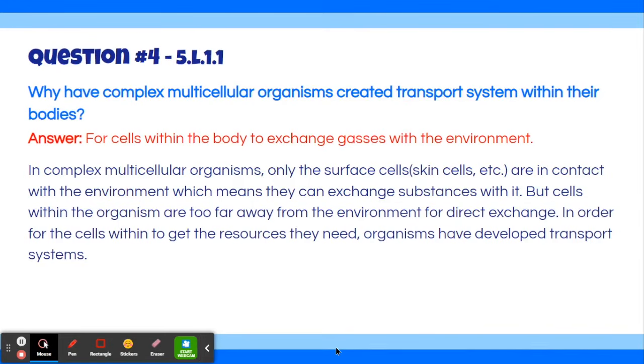In multicellular organisms, only the surface cells, like skin cells, are in contact with the environment, which means only they can exchange substances with it. But cells within the organism are too far away from the environment for a direct exchange. In order for the cells within to get the resources they need, organisms have developed transport systems.